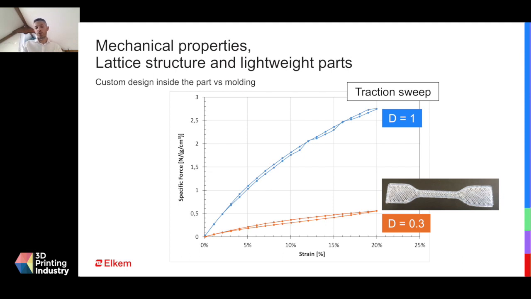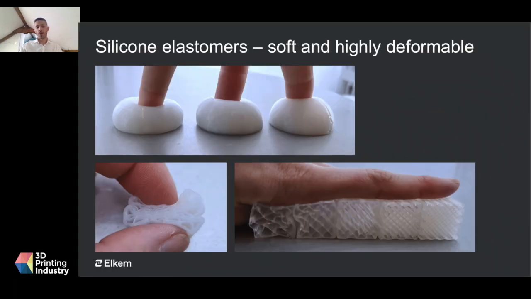Here is another example to show you that. You have different pictures of the same material and different shapes with different infill. You can see clearly that the rigidity and the mechanical performance of the part will depend on how you print inside the part.